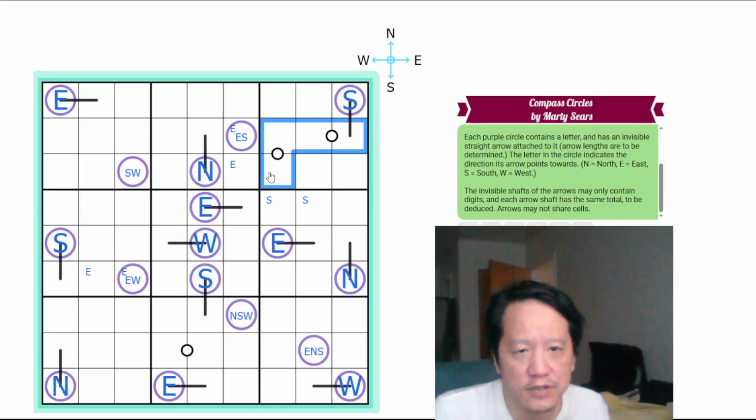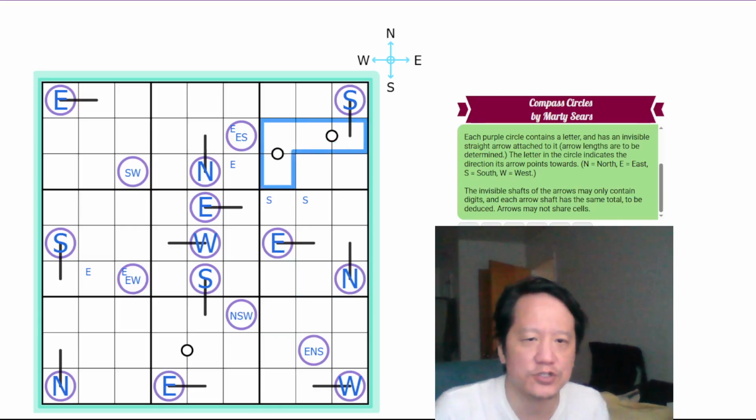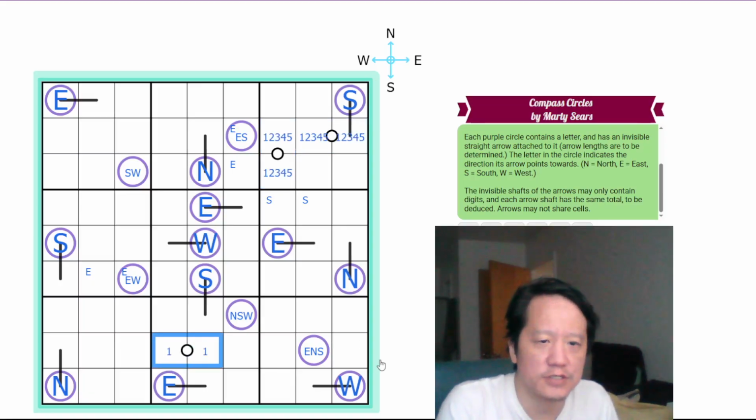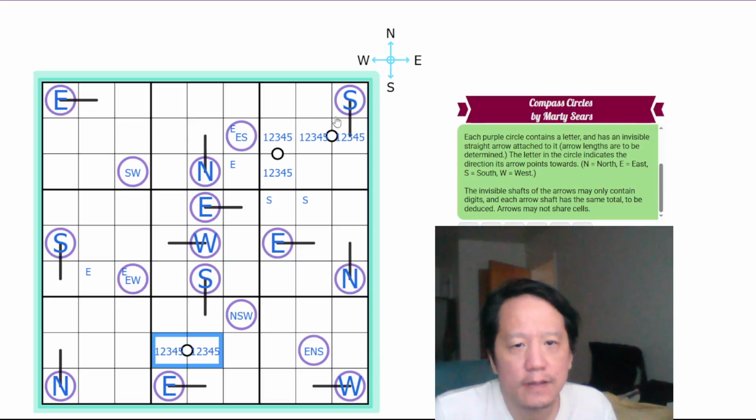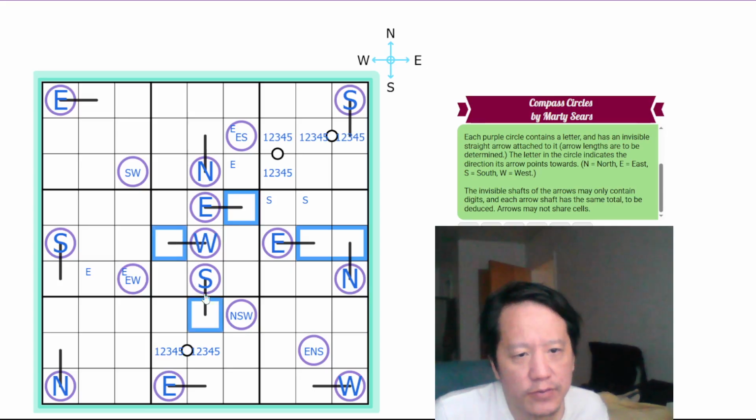These are consecutive digits, so they have to be digits. These have to be digits. So these are all digits here.